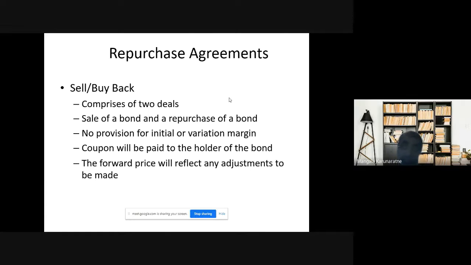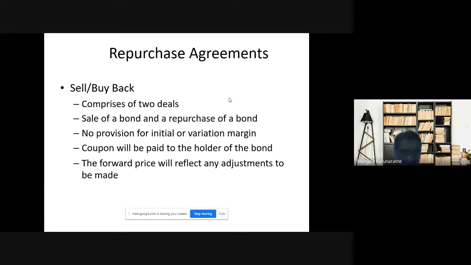But the main difference here with an outright is that both parties will not get exposed to what? The market risk, because there is a first leg and second leg. This is a closed transaction.